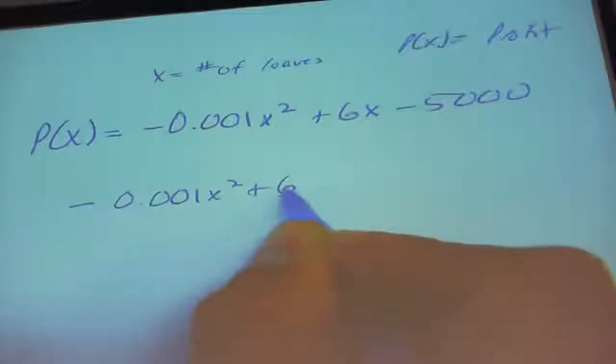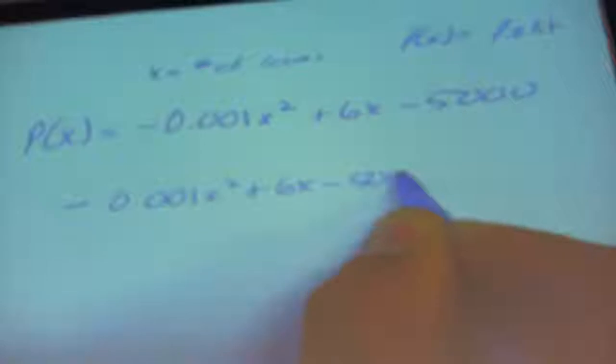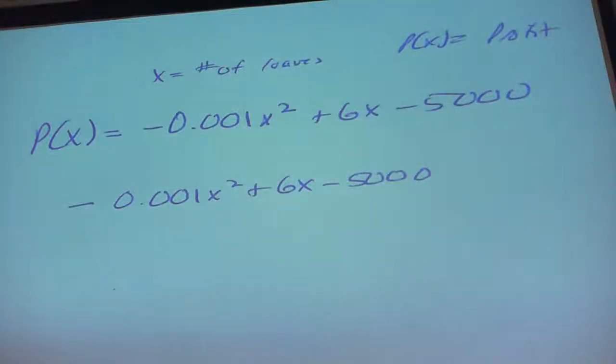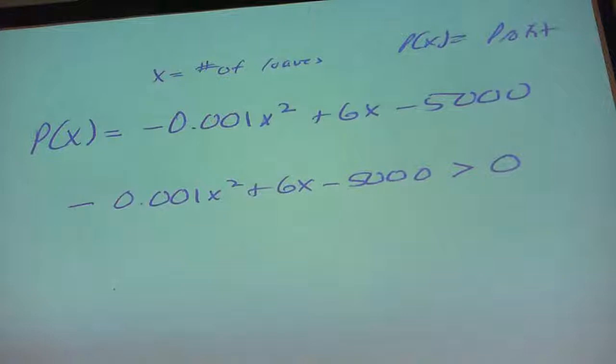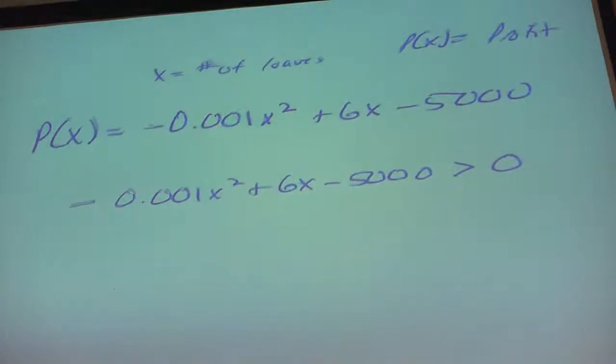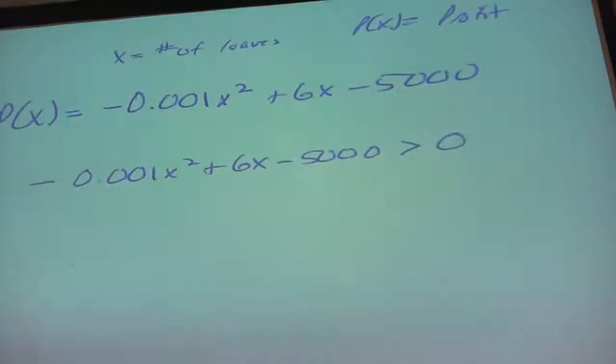So to answer that question, profit is when this equation is what? When are you making profit? When the equation is positive, which means greater than, perfect, greater than 0. Okay? So I'm going to make a sign chart and figure out what works.